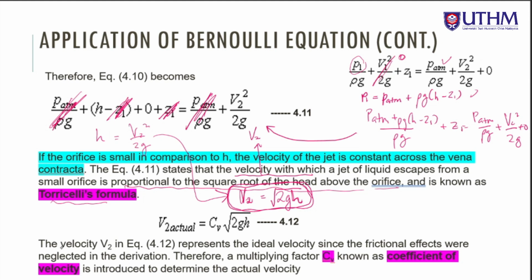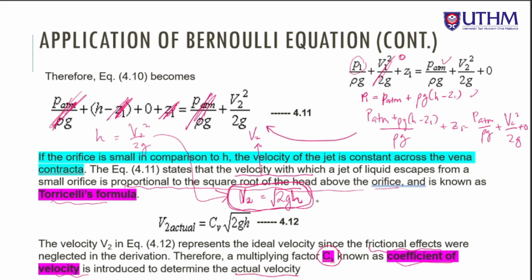Okay. However, this is if we consider an ideal fluid: no friction, frictionless, inviscid. However, if we consider velocity V2 with some frictional effects, we need to consider multiplying by a factor of Cv. Cv is the coefficient of velocity, which is introduced to determine the actual velocity.